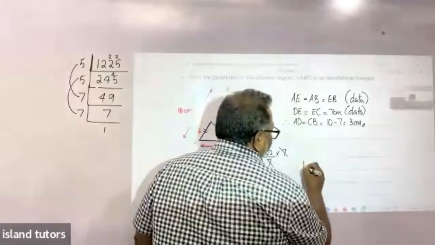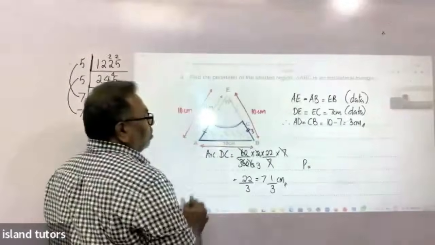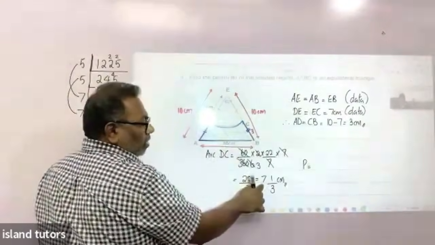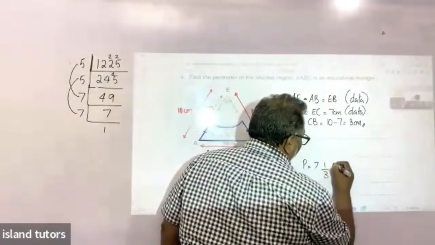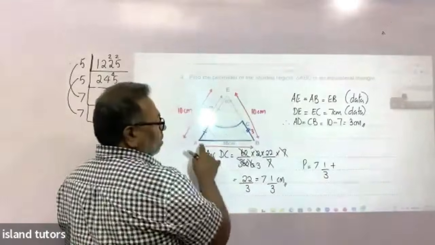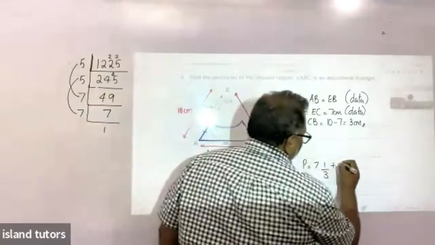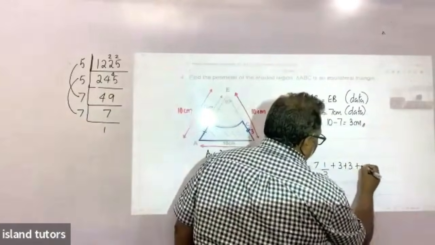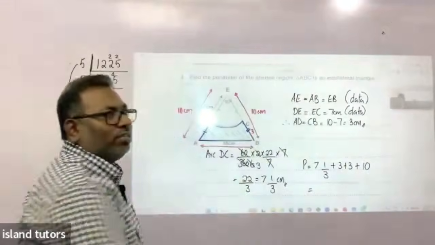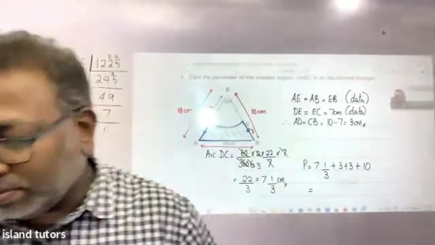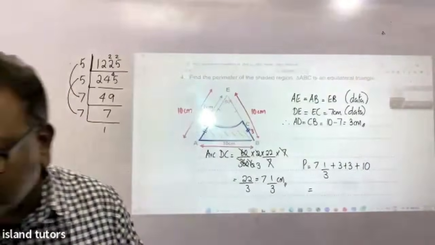Right. Then perimeter is equal to DC, which we found is 7 and 1/3 centimeters, plus 3, plus 3, plus 10, the length of AB.